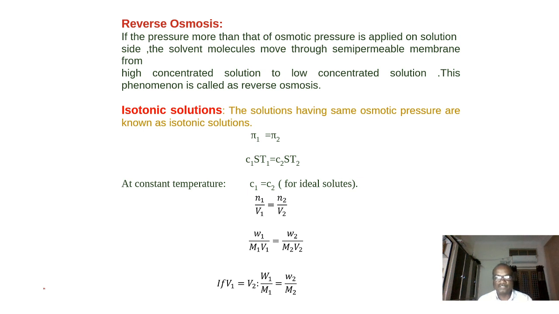Here also the low concentration and high concentration solutions are separated by a semi-permeable membrane. We apply pressure on the solution side greater than the osmotic pressure, so that the solvent flows from the high concentration region to the low concentration region. This phenomenon is called reverse osmosis.